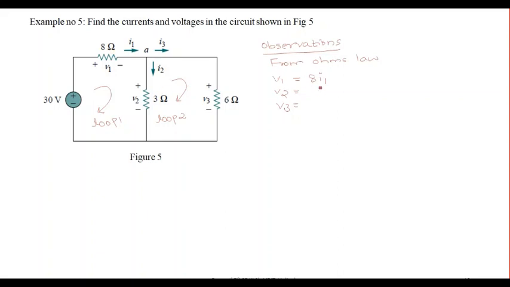Similarly, V2 will be 3 times the associated current, I2, the branch current. And V3 will be how much? They have given I3, which approaches this branch till here, so it will be I3 only. So we can write 6 times I3. So we have defined V1, V2, V3, I1, I2, I3.